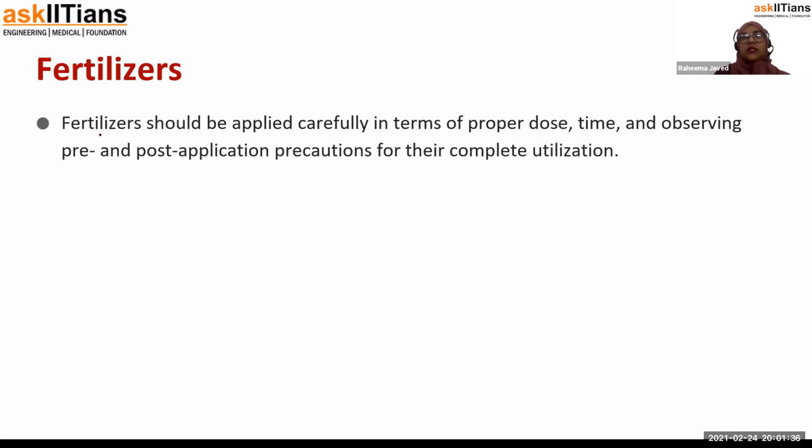Chemical fertilizers. We are talking about chemical fertilizers, and the most important elements that the fertilizers help in delivering to the soil include nitrogen, potassium, and phosphorus.